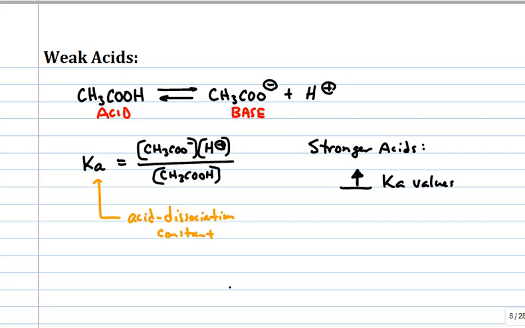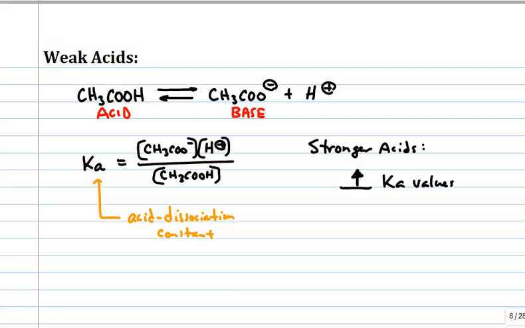So the more dissociated an acid is in solution, the more the conjugate base and the hydrogen ion you have, which mathematically makes the numerator higher than the denominator, and so Ka will be a larger number. So stronger acids have higher Ka values. So this is a handy way to identify acids that are stronger or weaker than others.